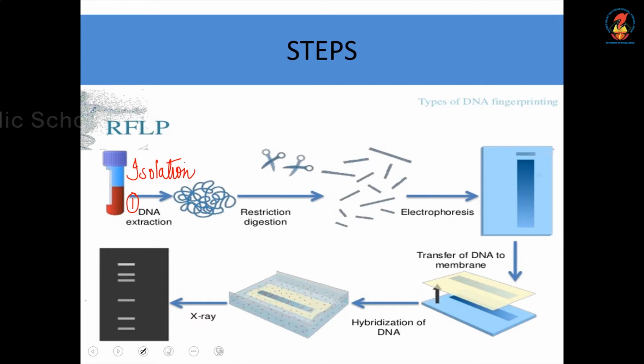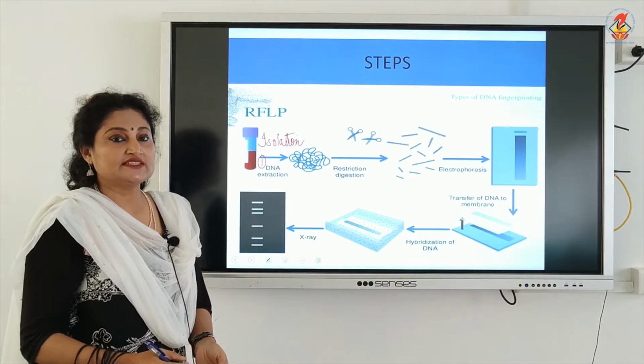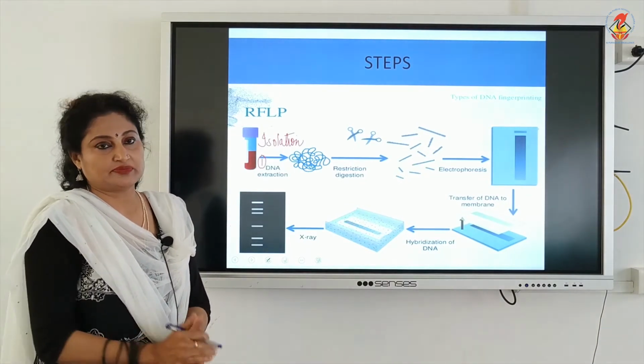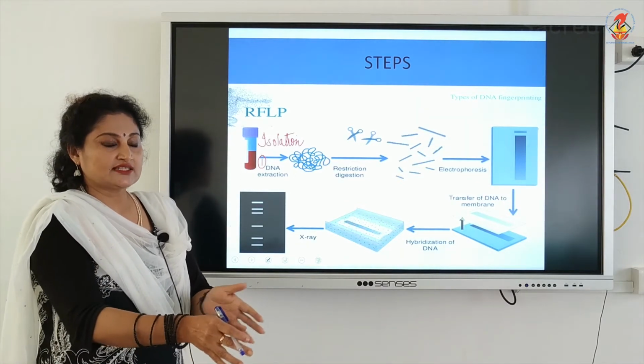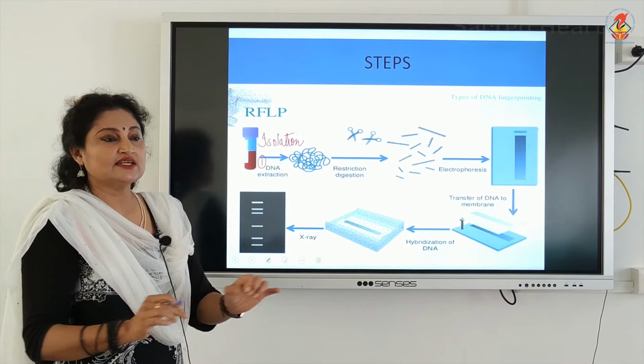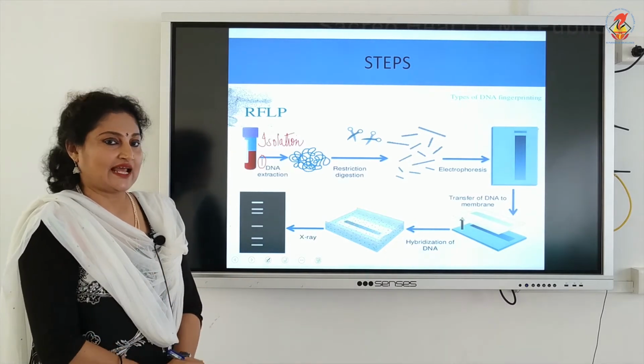So the first step in DNA fingerprinting is isolation of DNA, and that we will be doing in the lab. We will be isolating the DNA of any vegetable. Okay, so that step, when it is asked in the exam, just write only the heading, isolation of DNA. The procedure we will be doing in the lab.